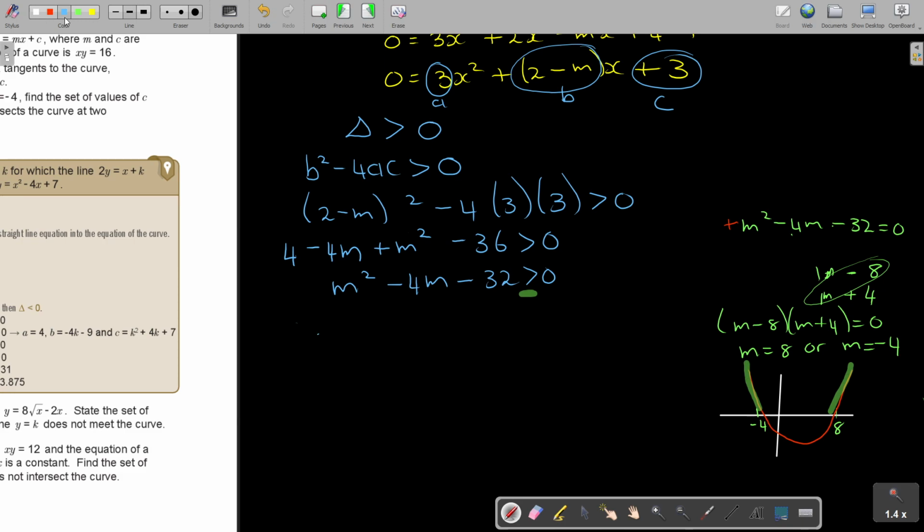I can just say, therefore, and remember this is m, so don't go x, use that variable. So m is smaller than negative 4, or m is bigger than 8. And that is actually, according to me, the simplest one. I should have put this one first.